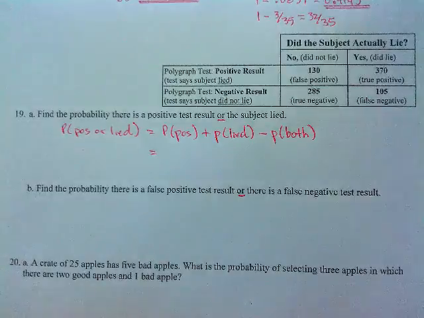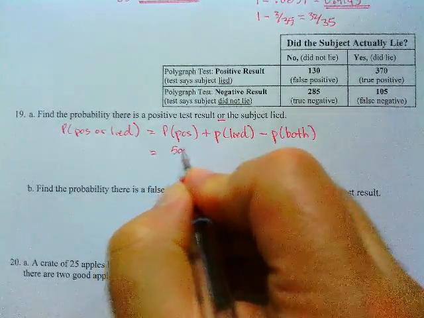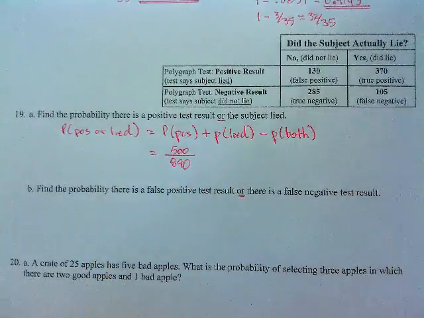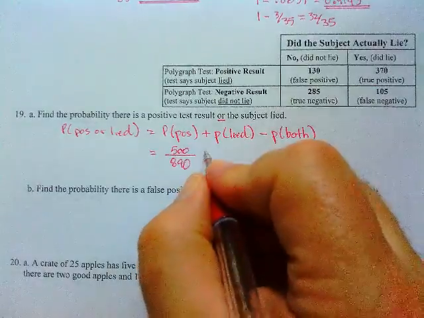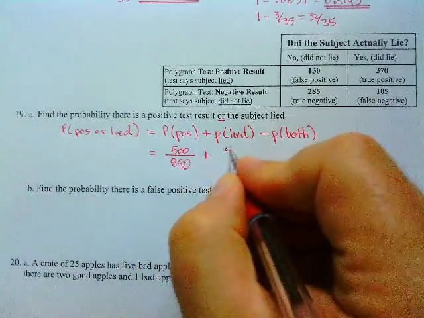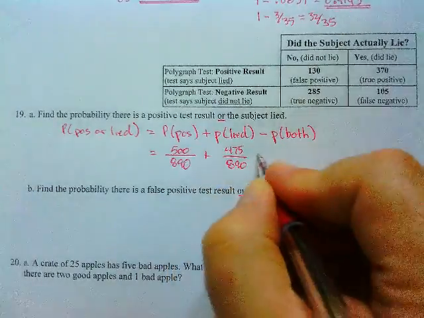So first, the P positives, the 130 and 370, that gives me 500 over 890, which is all 4 boxes added together. Then the P lied, the 370 and the 105, so that's 475, again over the 890.